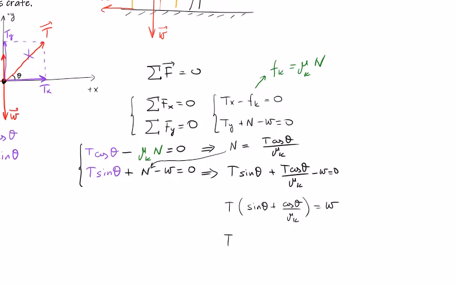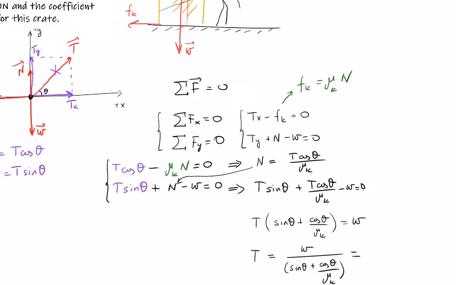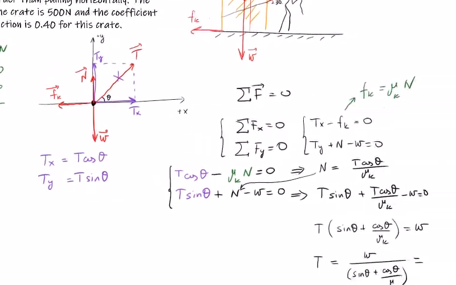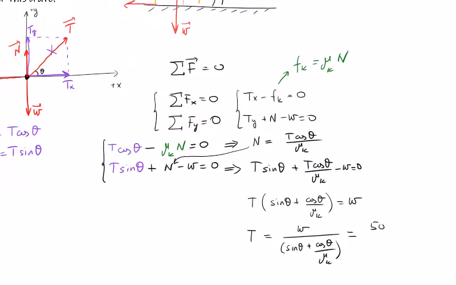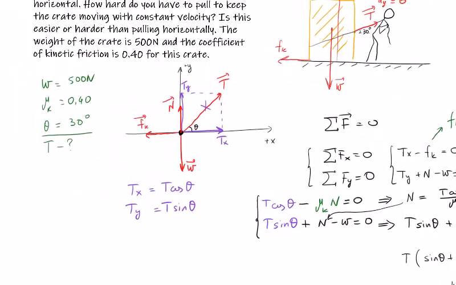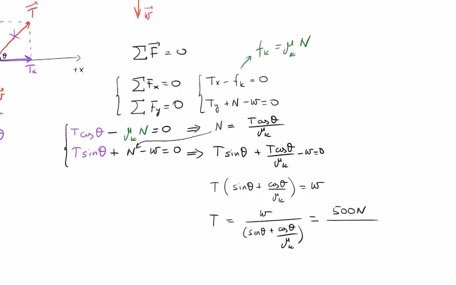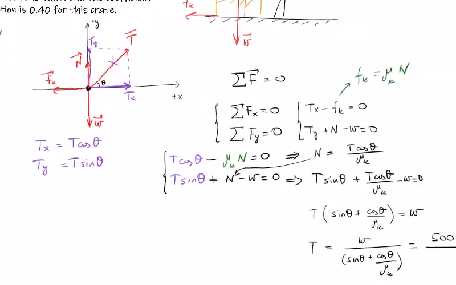So tension equals weight divided by the parenthesis sine theta plus cosine theta over mu k, and the weight was given to us, and that was 500 newtons, divided by, theta was 30 degrees and mu k was 0.40.